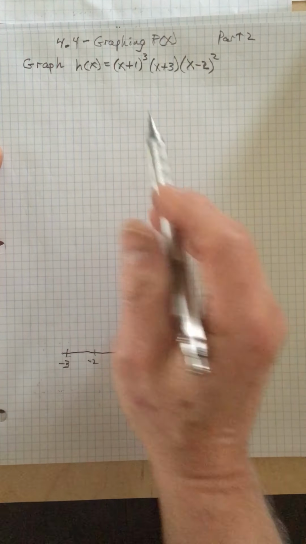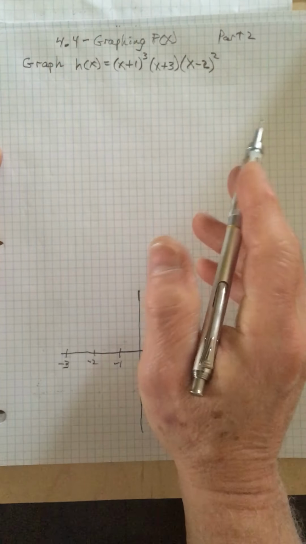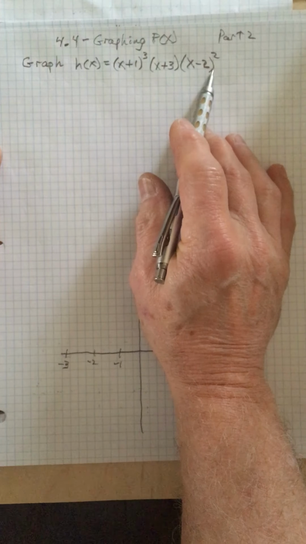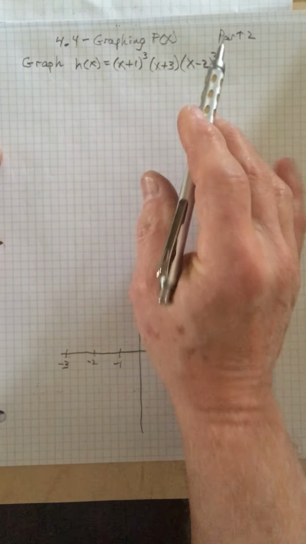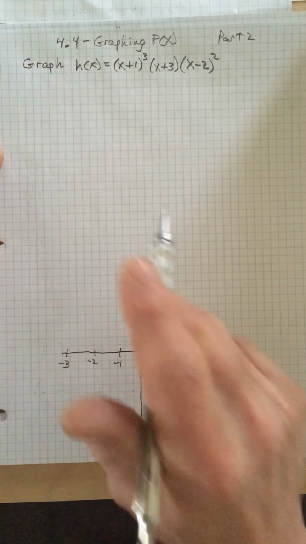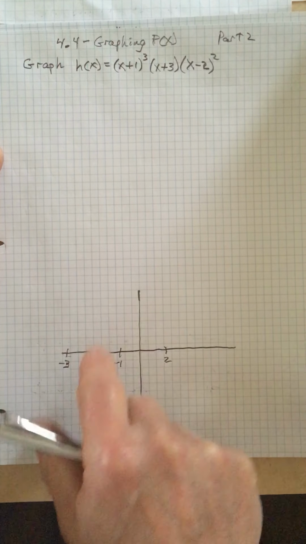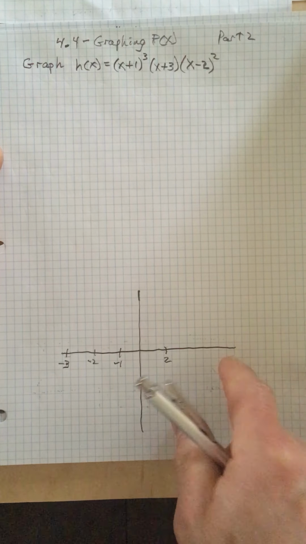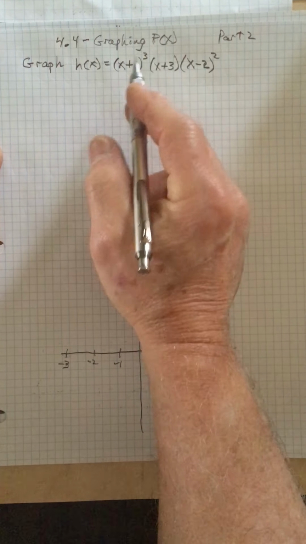We'll sketch an approximate graph for this function. The way we do that is to look at this, use some of our rules to figure out what's going on, and then sketch a graph.